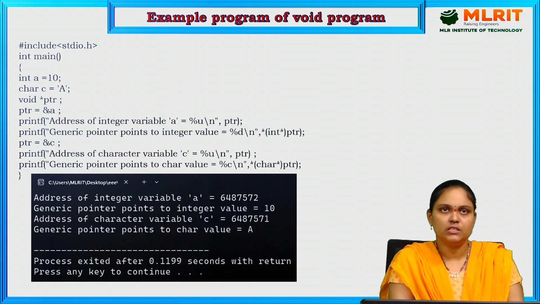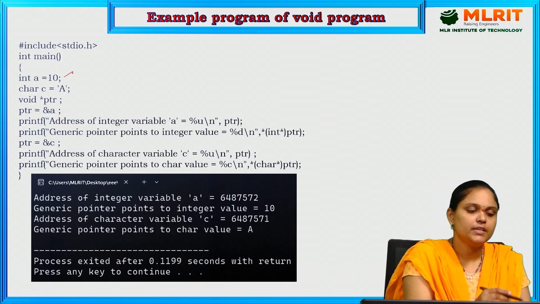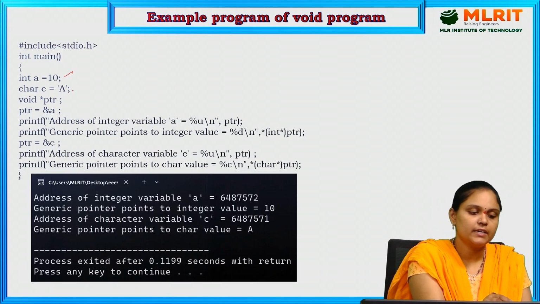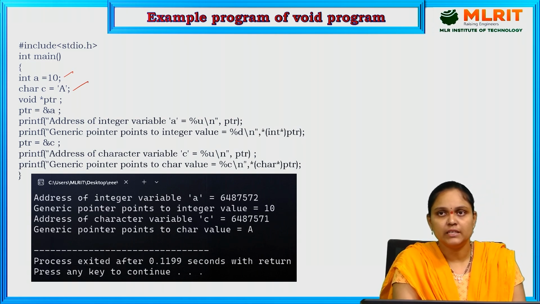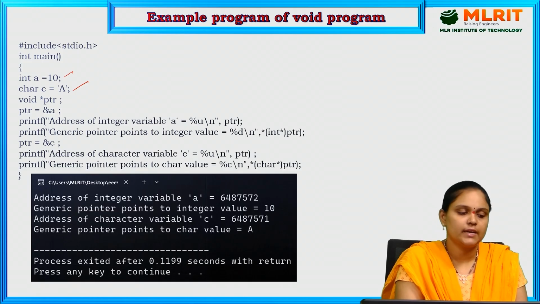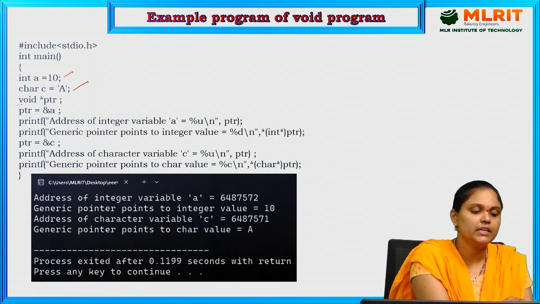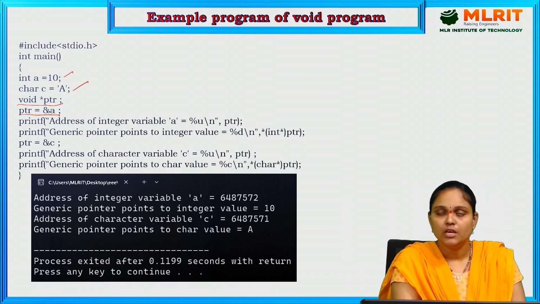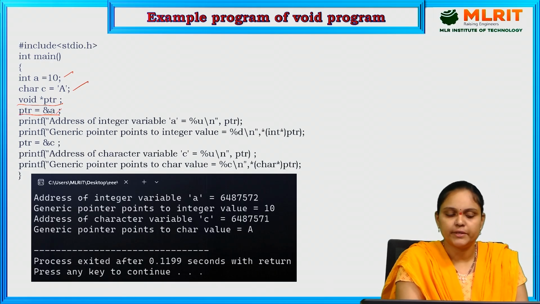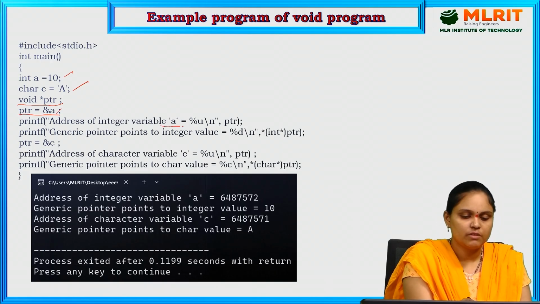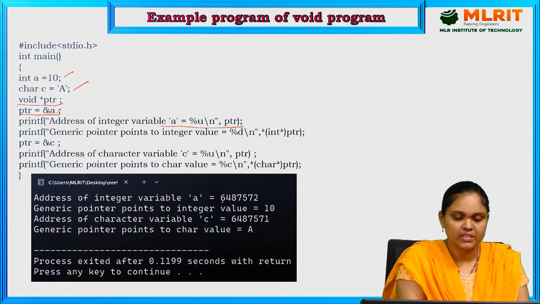Coming to an example, we have created one variable of integer type and next a character variable C, and we are giving values for the integer and also the character. Next, we declare a void pointer. To this void pointer we assign the address of the integer variable, and then we print the address.